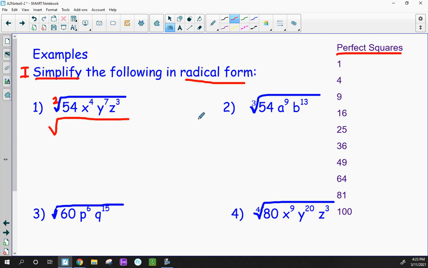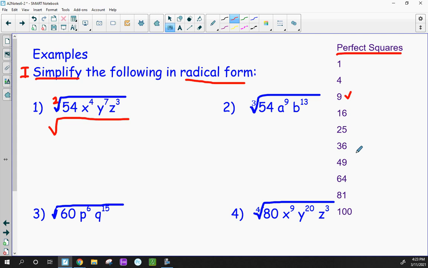what we need to do is try to find the biggest perfect square in this list that will evenly divide into 54. So you're going to start with 54 divided by 4. Since that's a decimal, we're not going to choose that one. 54 divided by 9 does work. 54 divided by 16 is a decimal. 54 divided by 25 is a decimal. 54 divided by 36 is a decimal.